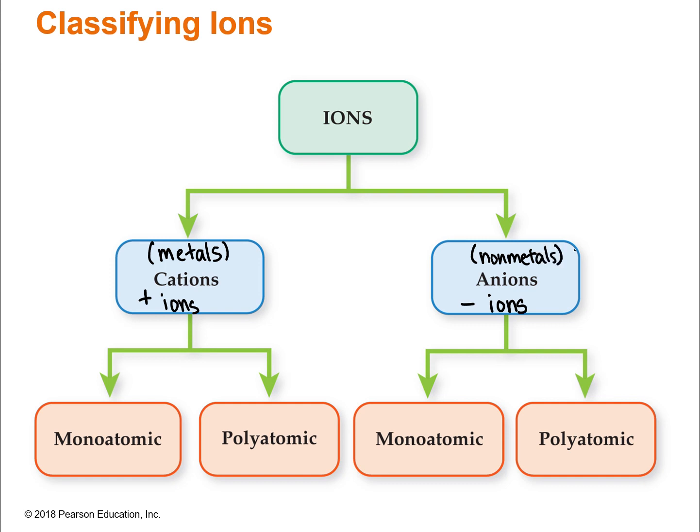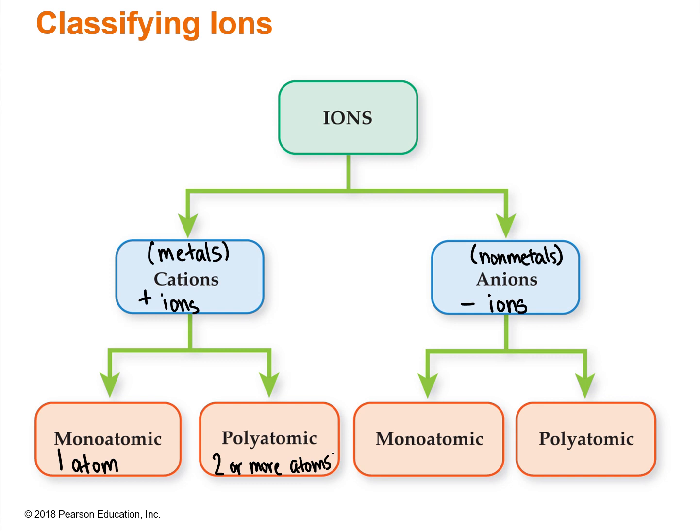Each of these categories can be broken down into monoatomic ions and polyatomic ions. Monoatomic means one atom. So your cation or your anion is just one atom with a charge. Polyatomic means two or more atoms. So it's a group of atoms that have a charge.